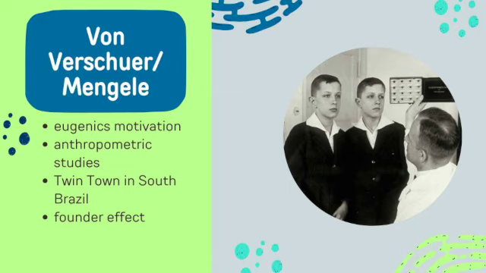The way the Nazi Party conducted these were mostly anthropometric studies, which is similar to what Galton did, though not totally similar, as it focuses mainly on the physical aspects and the visual traits that you can see between these twins.